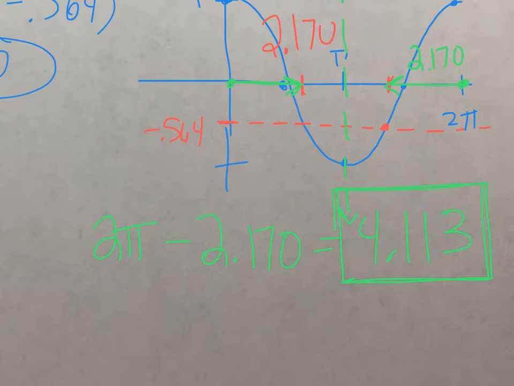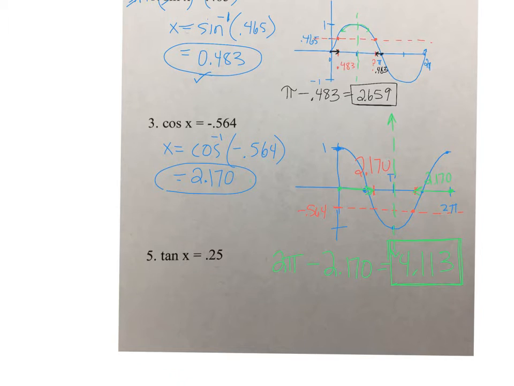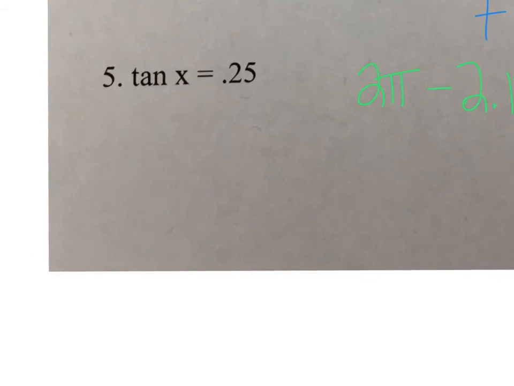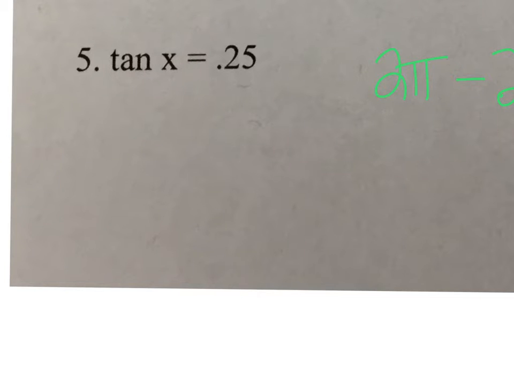So the second answer always depends upon your trig function. The sine and the cosine, you do different things, because their symmetry is different. So let's look at tangent and see if we can figure out some stuff with the tangent. So here I have tangent is 1/4. So that means I take the inverse tan of both sides.